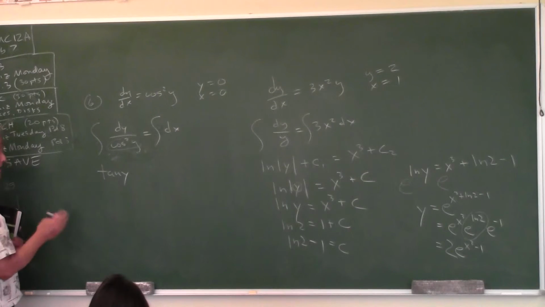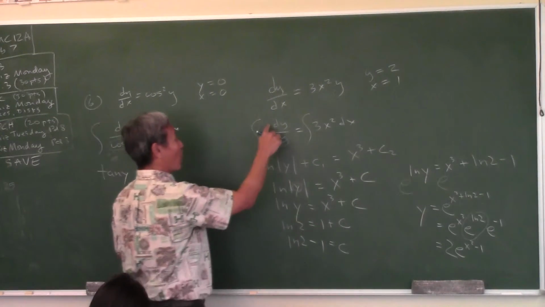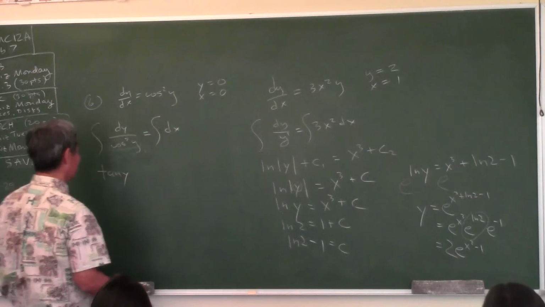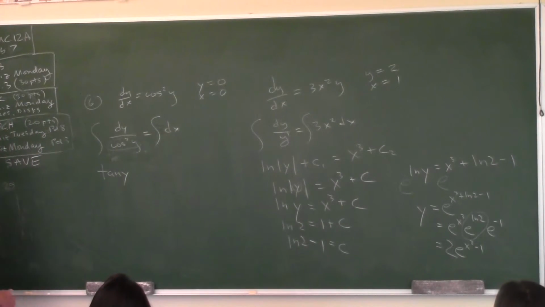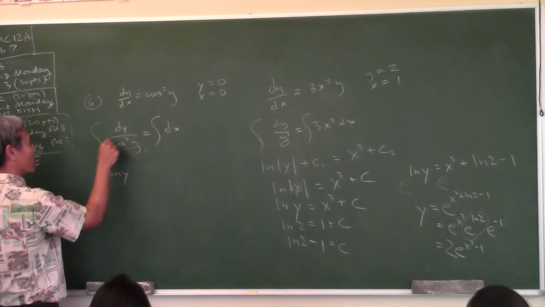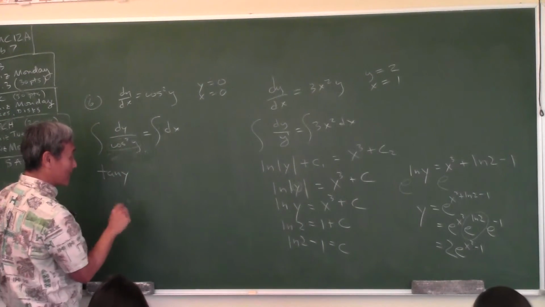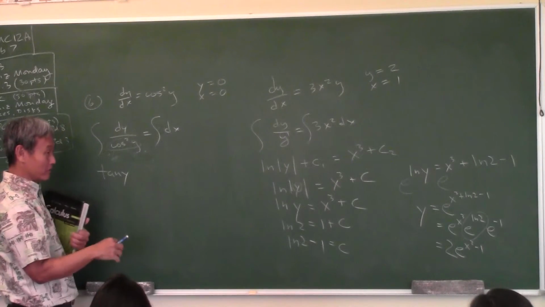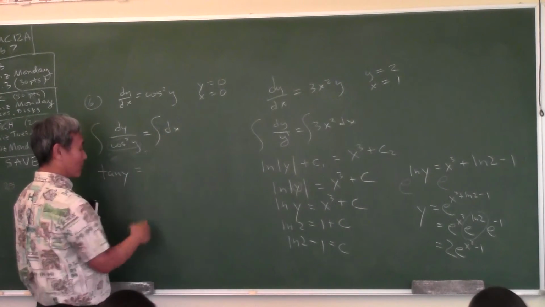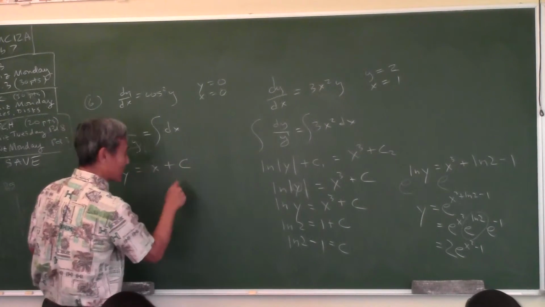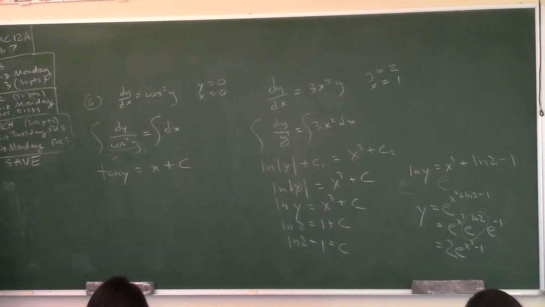The only time it's natural log is when it's 1 over y to the first power. Second power, no. So what you have to do is change 1 over cosine squared to secant squared, and then that's easy, right? Plus c, I'm not going to write the plus c because remember we're going to mush the two together. Okay, what's the integral of 1 dx? x plus c, and then we mush the 2 plus c's together into just 1 plus c on the right.